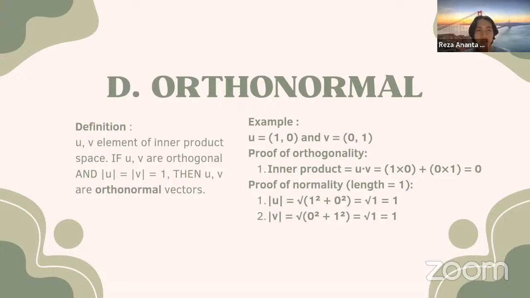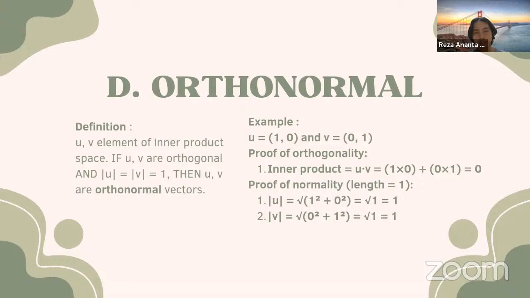Okay, I will explain about orthonormal. So the definition of orthonormal is, if we have u and v elements of an inner product space, and u and v are orthogonal vectors and the norm of u is equal to the norm of v is equal to 1, then u and v are called orthonormal vectors.